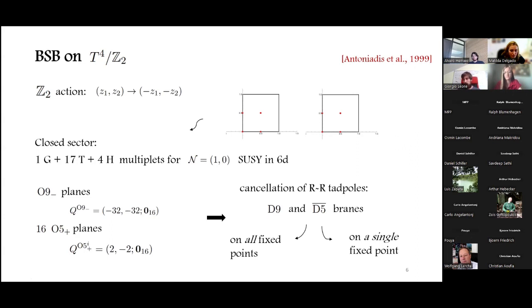The non-trivial Orientifold projection now identifies Orientifold planes, which are given by the usual O9 ones, and 16 O5 planes with positive tension and charge, which are placed on each orbifold fixed point.